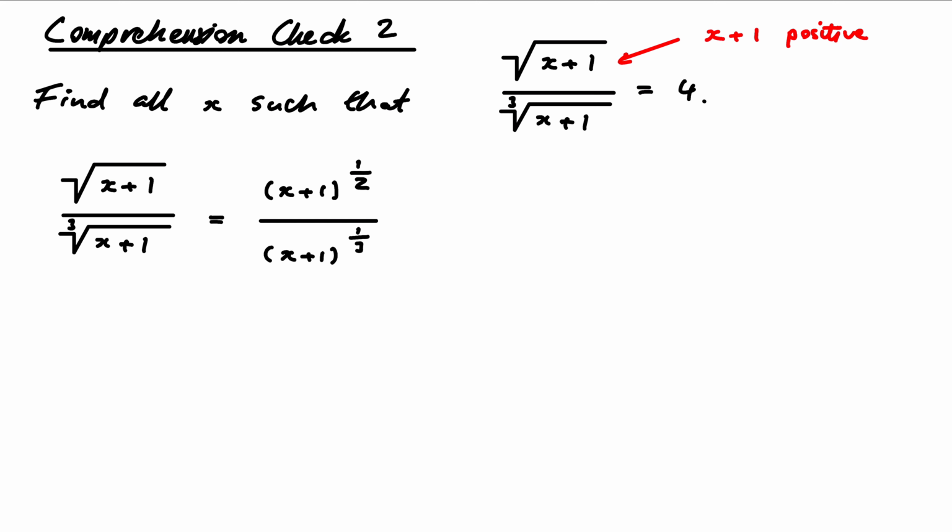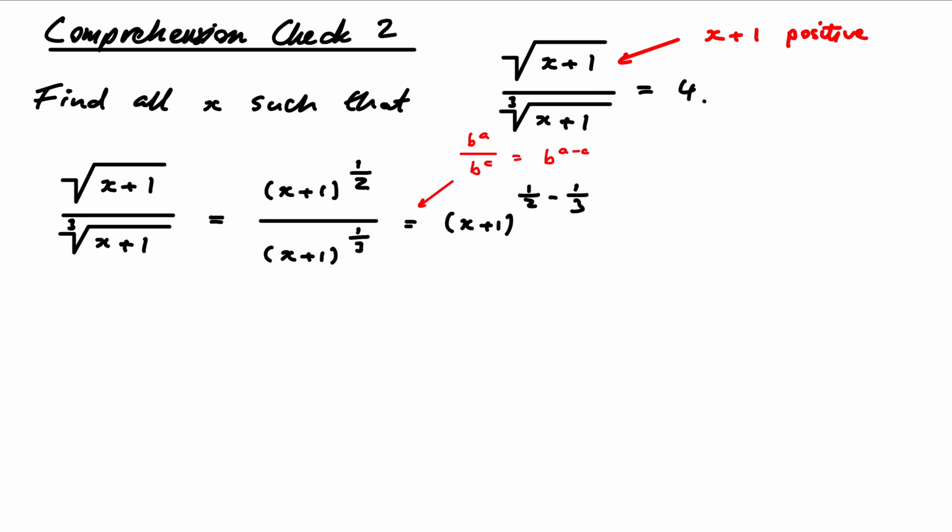Now x plus 1 is positive, so I can apply my law of exponents, where I take the difference between the two exponents. So this becomes x plus 1 to the power of half minus a third. Just to reiterate, the general rule is b to the a divided by b to the c is equal to b to the a minus c. That's what we're using here.